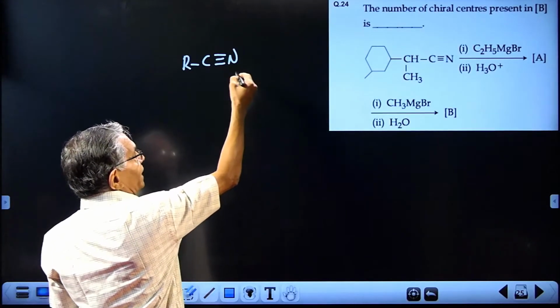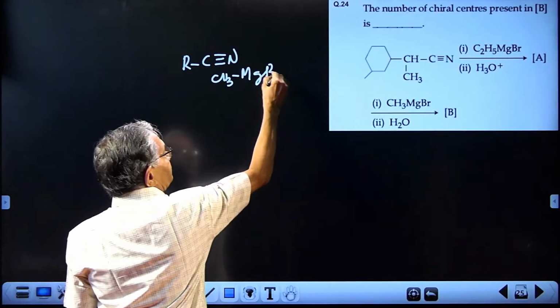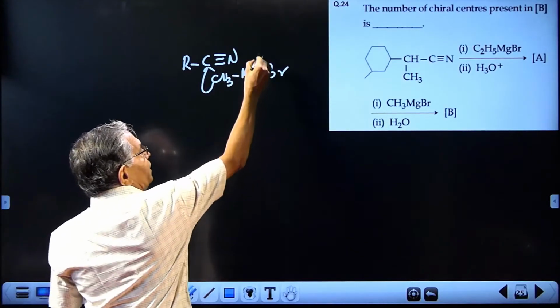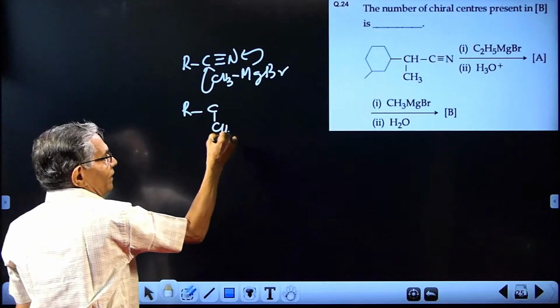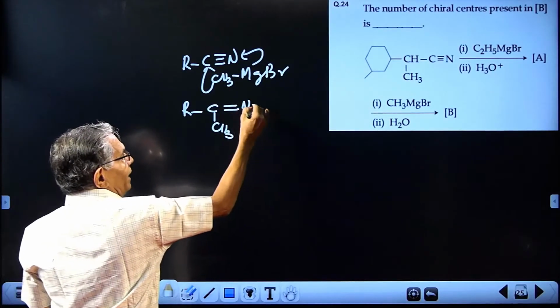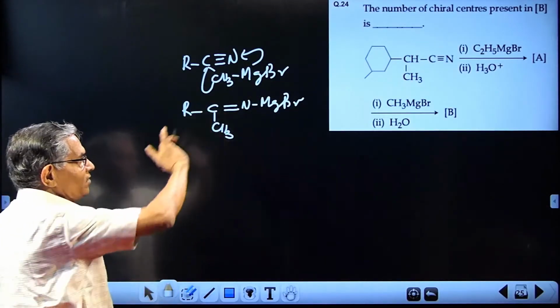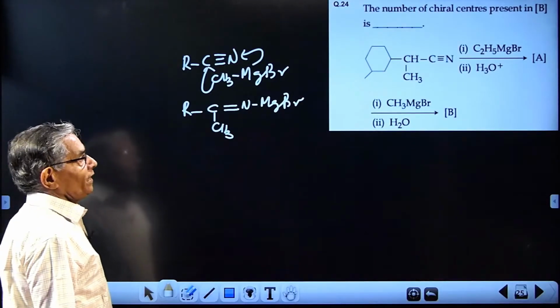Let us take the Grignard CH3 MgBr. CH3 will be added to carbon, MgBr to nitrogen, giving RC(CH3) double bond N MgBr. It simply adds the Grignard reagent to this C triple bond N.